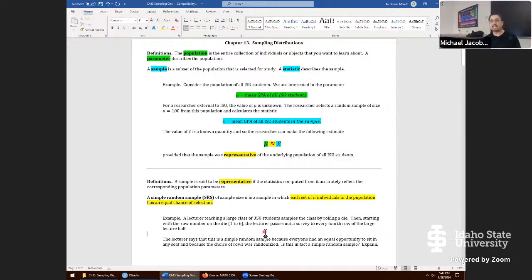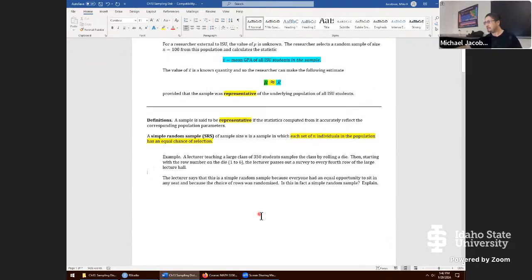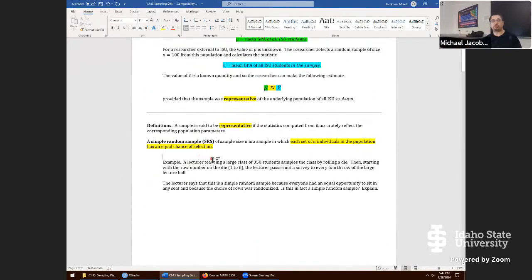Here's an example to kind of give us a feel for that definition while we're considering it. It says here, imagine we're trying to get a simple random sample in this situation. There's a lecturer teaching a large class of 350 students, and the teacher says they're going to sample the class by rolling a die. Now, this could potentially work as a simple random sample.